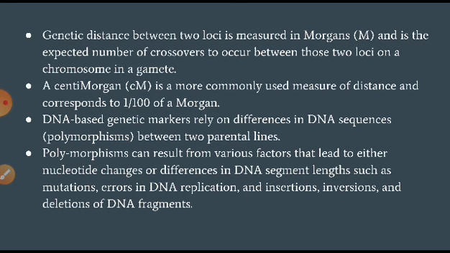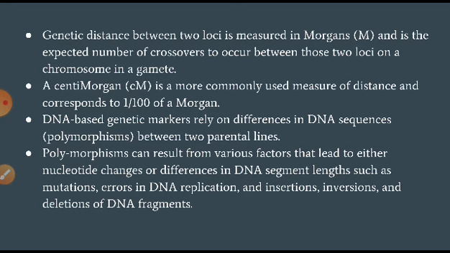DNA-based genetic markers rely on differences in DNA sequences, which we call polymorphism. These are big terms, but once you understand, you'll understand what they mean. So differences in DNA sequence are called polymorphism. If there are 5 differences in that particular DNA sequence, it means it is having polymorphism.